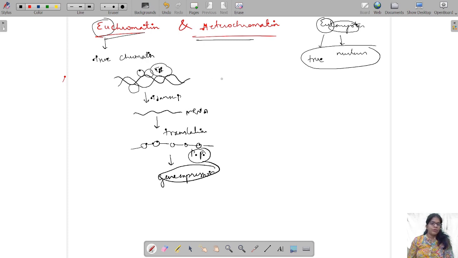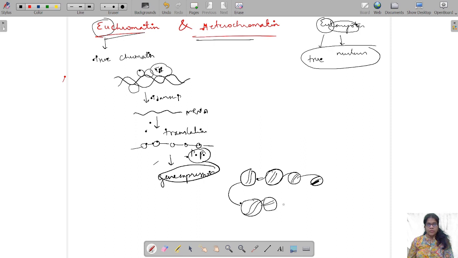For euchromatin, suppose this is your nucleosome. It will wrap like this. It is just wrapping all your DNA. Here comes the difference.